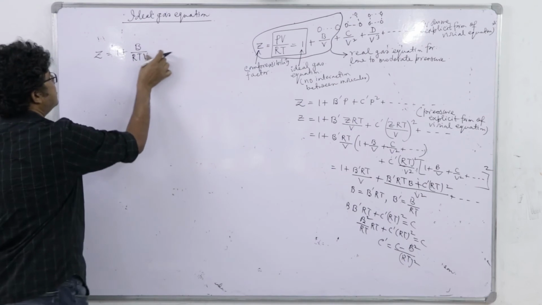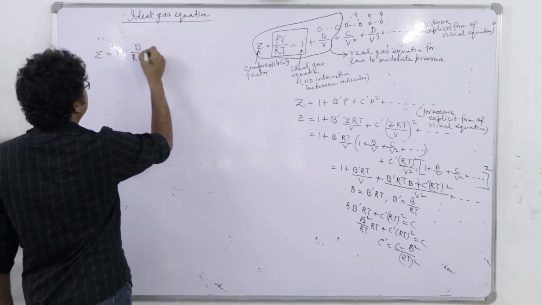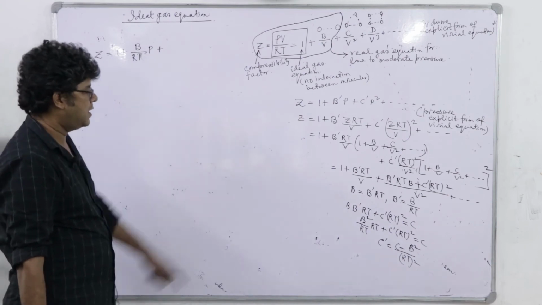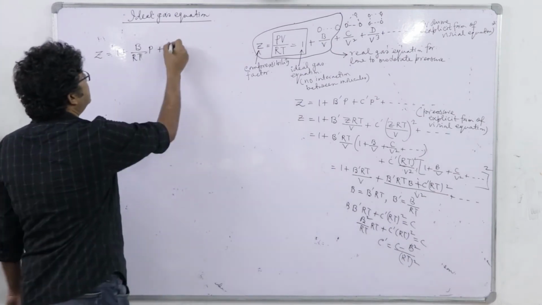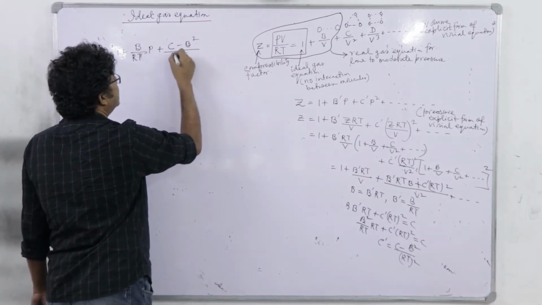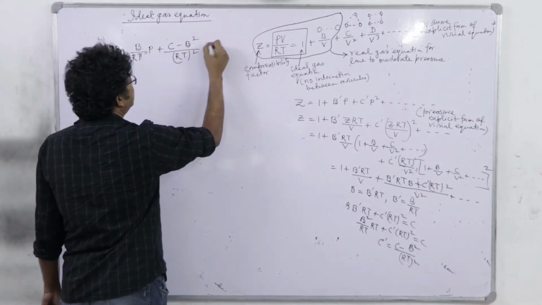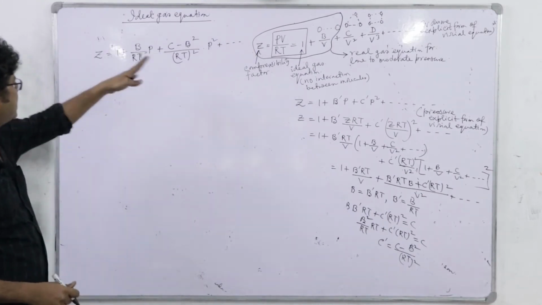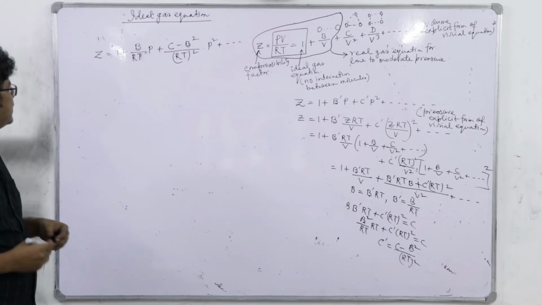B by RT into P plus C prime, we can write as C minus B square divided by RT whole square into P square. So, we can interchange the coefficient and can write it in this form as well.